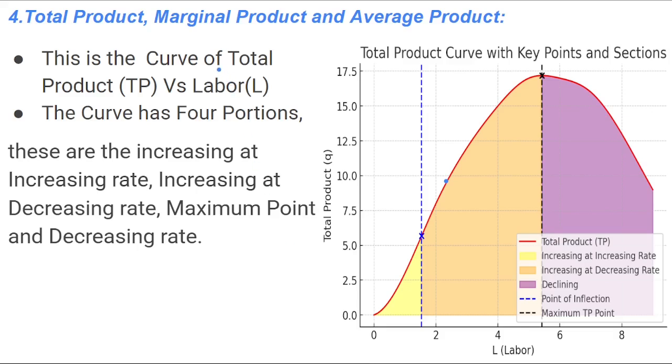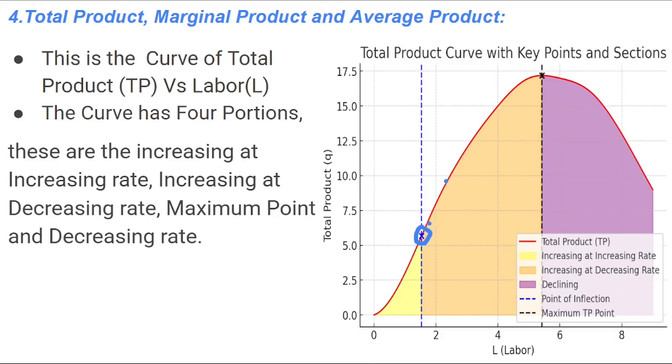Now we can see a curve which is total product versus labor L. And here we can see a point, we call it point of inflection. Before point of inflection, our TP is increasing at increasing rate.